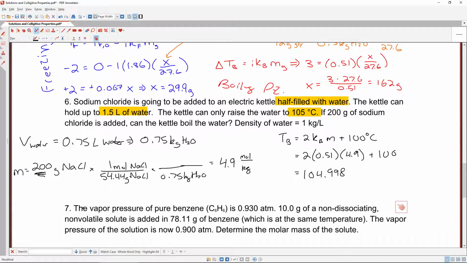Okay, so for our molality, we have 200 grams of sodium chloride. That has 1 sig fig, right? So then this number should have 1 sig fig, which means this number should have 1 sig fig, which means, oh, let's move this down.